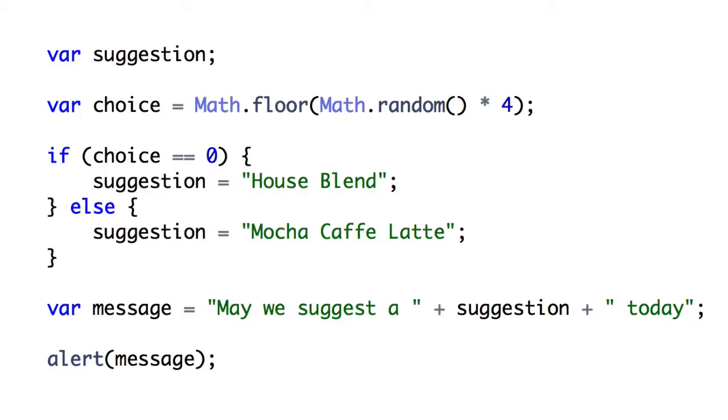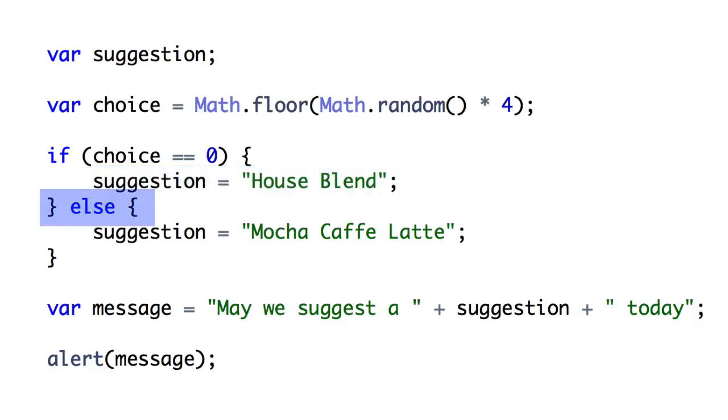Now, another thing we can do in JavaScript is we can make decisions, and a lot of times those decisions are based on the value of a variable. If we look at this if statement here, we're saying if the value of our choice variable happens to be 0, and remember it can be 0, 1, 2, or 3, then we're going to set that variable suggestion to house blend.